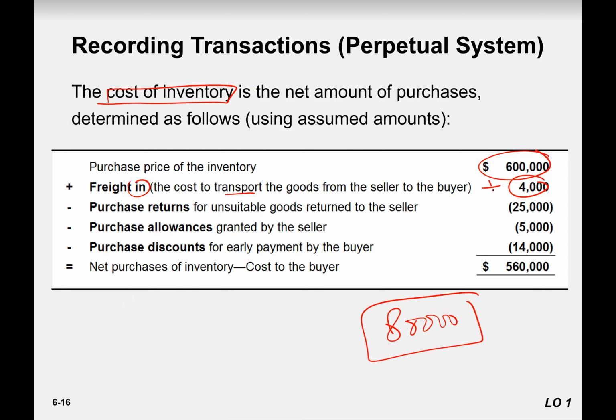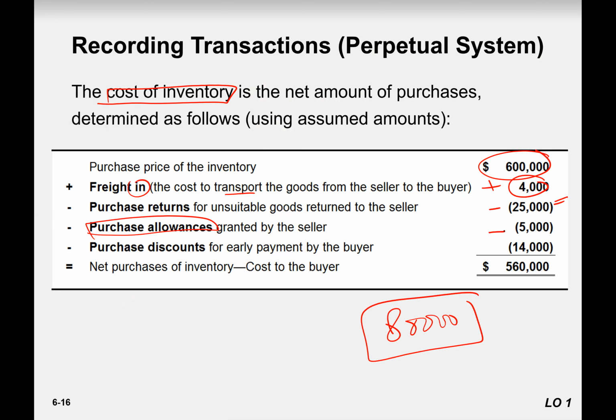So we would add the freight in. For purchase returns, some goods arrive at our doorstep, we don't like them or they are not according to our specification, so we return them. The 25,000 worth of goods we return, we subtract. And purchase allowances: we purchase in bulk, so we get some kind of discount.